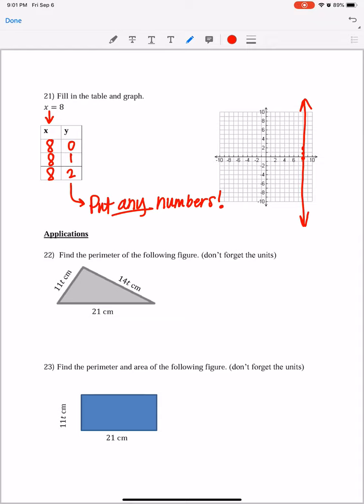22, find the perimeter of the following figure. Do not forget units. You will not get full credit if you do. So, perimeter means to add up all the sides.